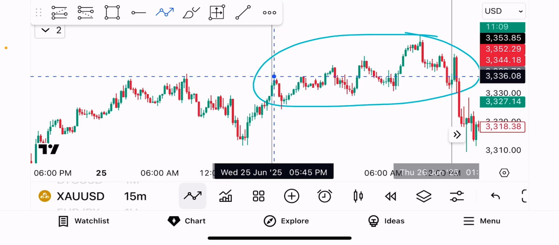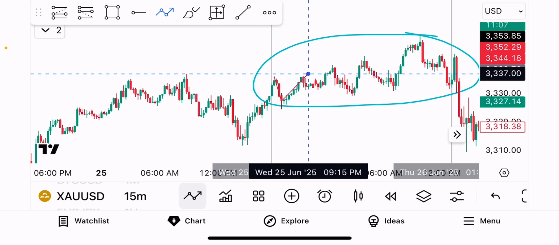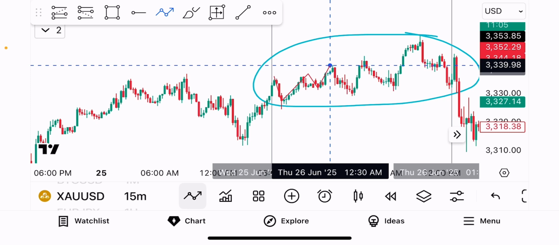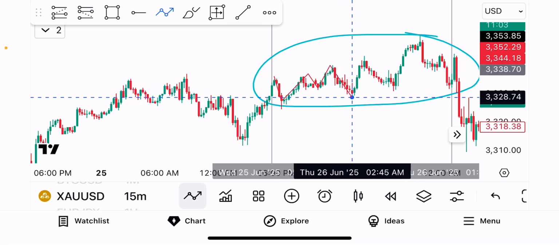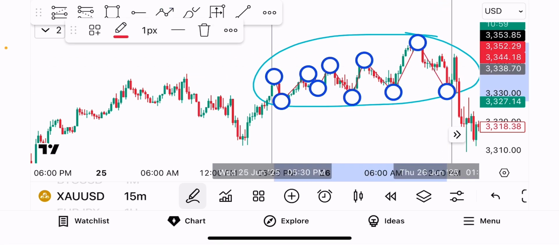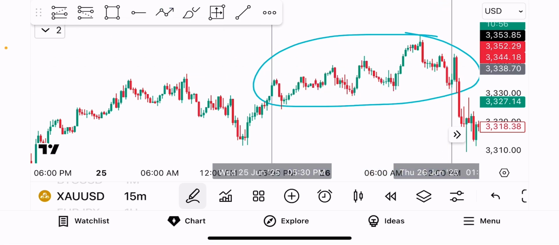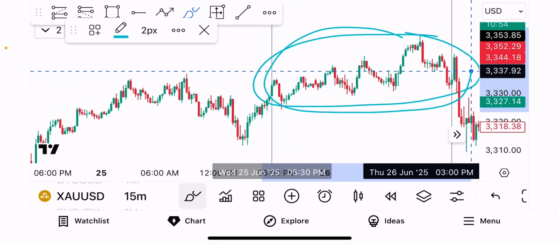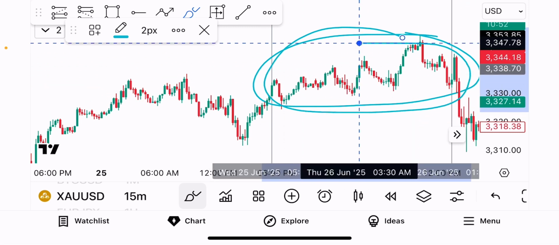We see how it goes down, comes up, go down again, comes up, go down, up, down, up, down. So in all of this market movement here, we don't really know the next directional move on the asset. So we can't buy and we cannot sell.